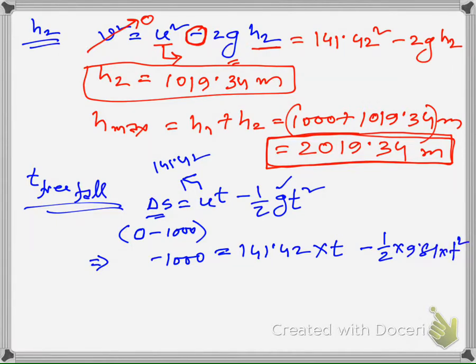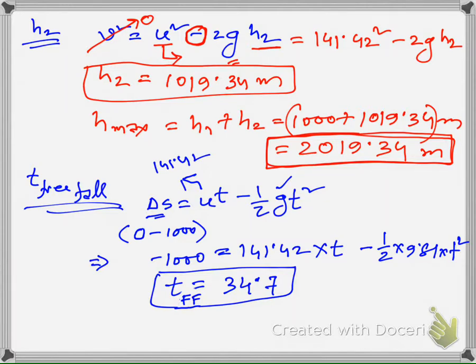Again, it's another quadratic equation. If we solve for t, we get t equals 34.7. It's the time for free fall, so we can write t free fall.